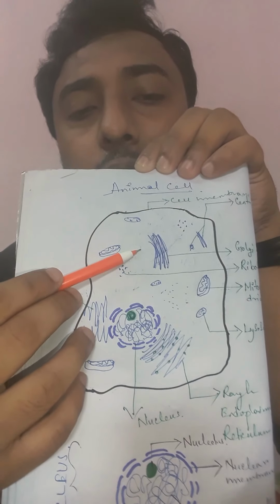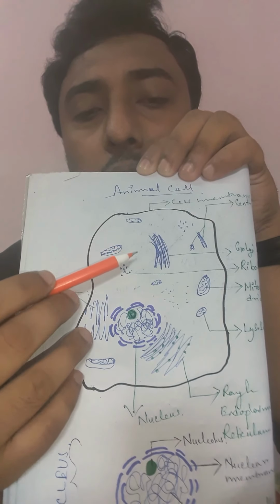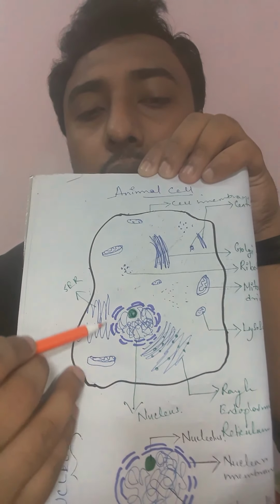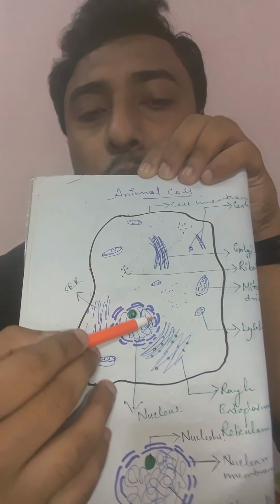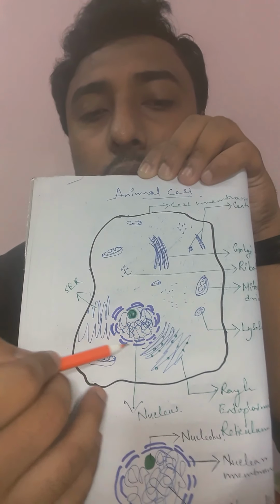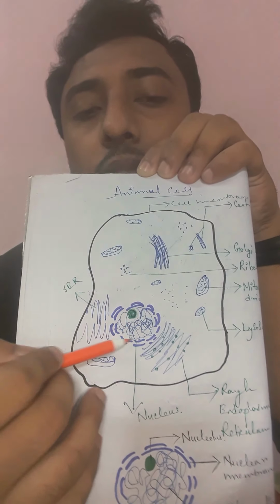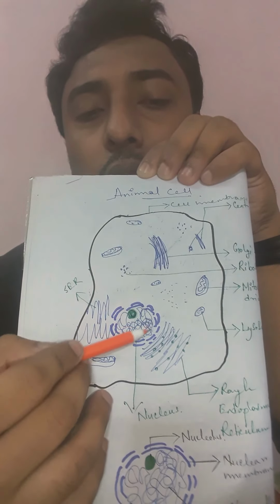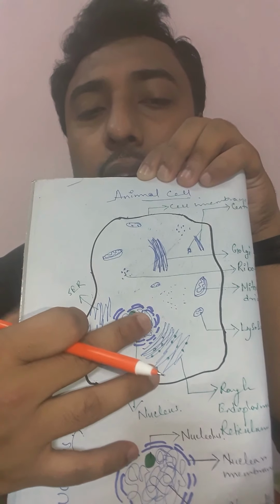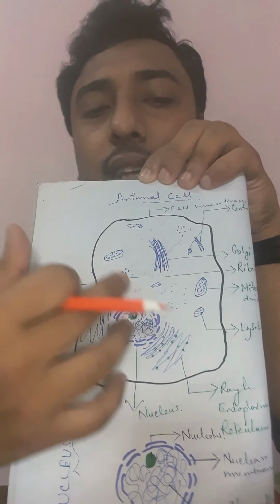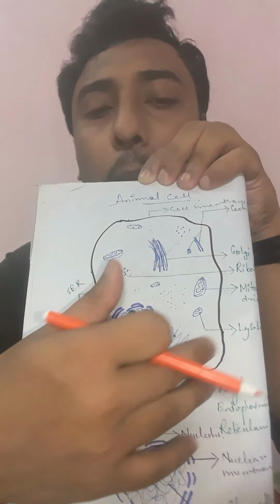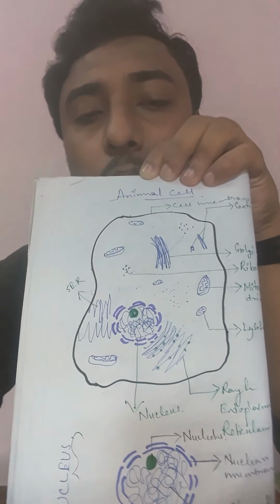Now protoplasm is divided into two parts. One is nucleus, that round-like structure present generally in the center in animal cell. Except nucleus, the entire part present here is known as cytoplasm.